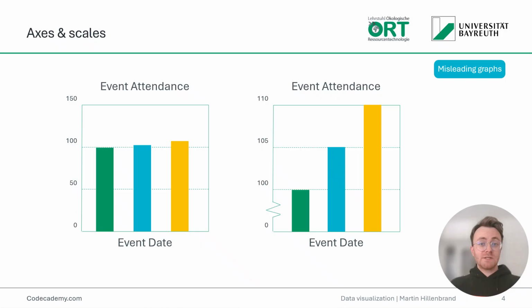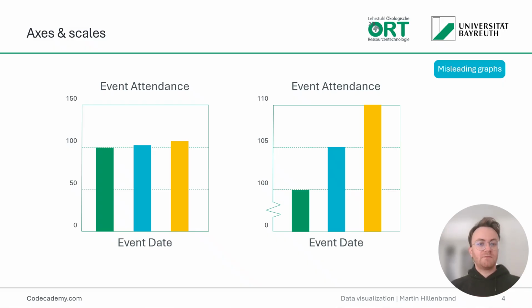So this is not only a thing of maps, although the map presentation is very easy to understand, but this can also happen with other graphs and other visualizations of data. As I already mentioned, if you have axes and scales and you are modifying, for example, the y-axis, the numerical, quantitative axis of your chart, especially if you have bar charts or areas, then look at the two graphs here.